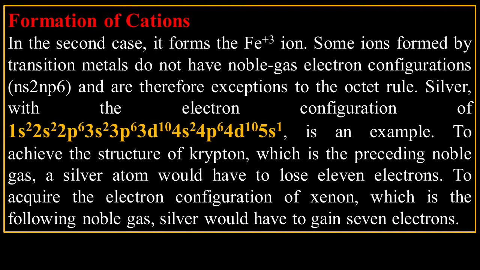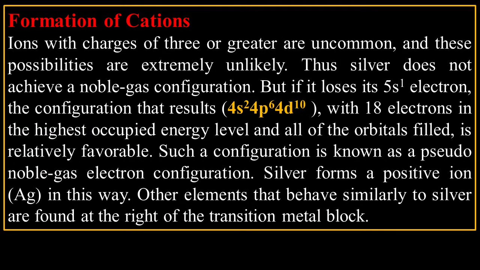So this really isn't an exception, it's an apparent exception. To achieve the structure of krypton, which is the preceding noble gas, a silver atom would have to lose 11 electrons. To acquire the electron configuration of xenon, which is the following noble gas, silver would have to gain 7 electrons.